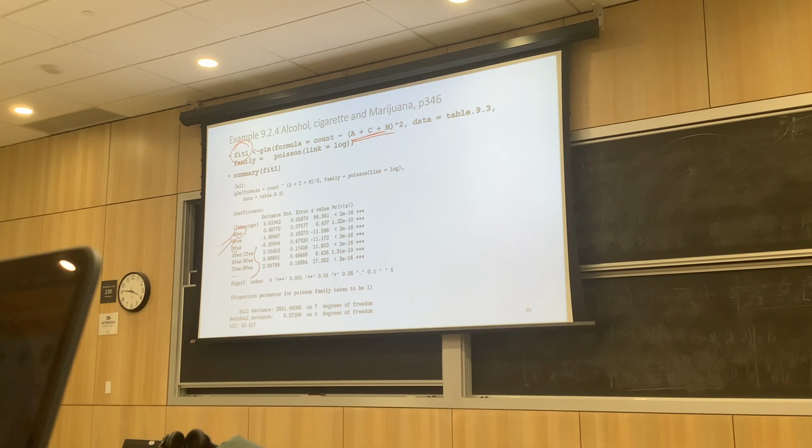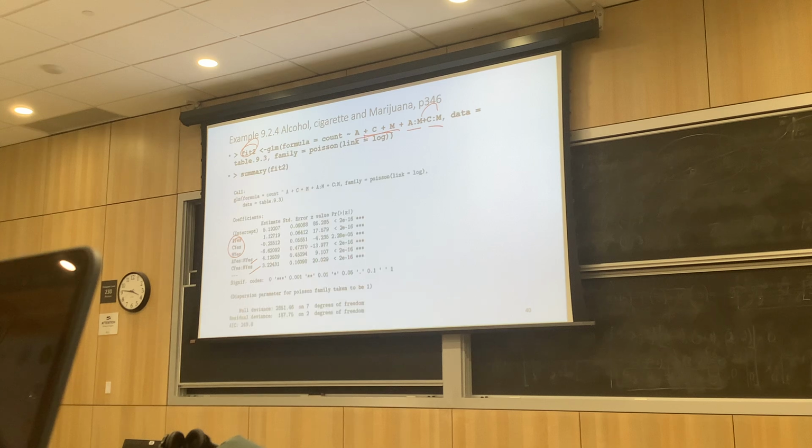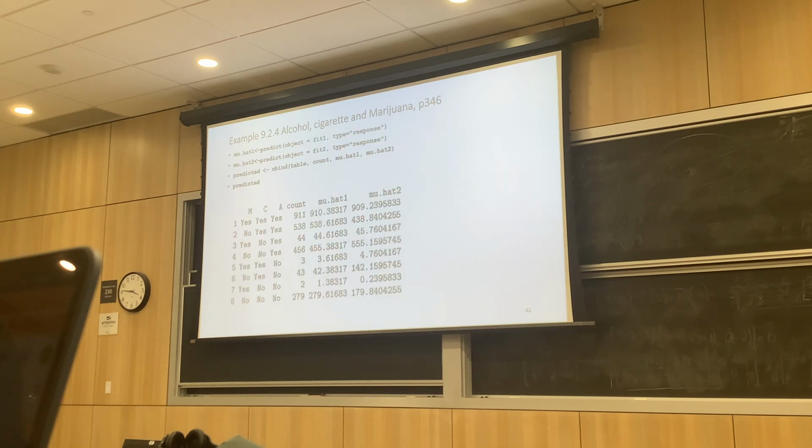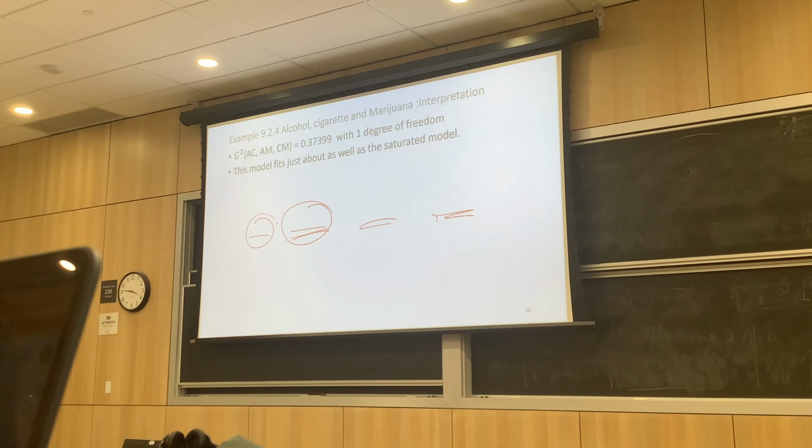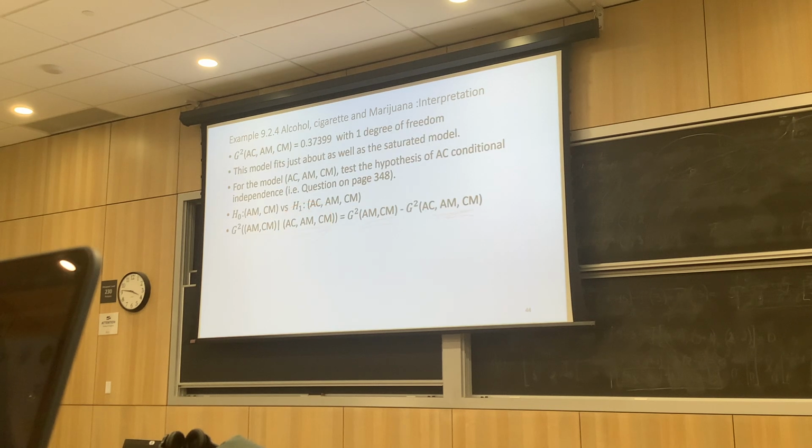So remember, this is the full model, the homogeneous association model, and for that the G squared is 0.337. You can just subtract those two, and that is the G squared. That's the likelihood ratio test statistic for testing the null hypothesis that you can drop this term from this model.